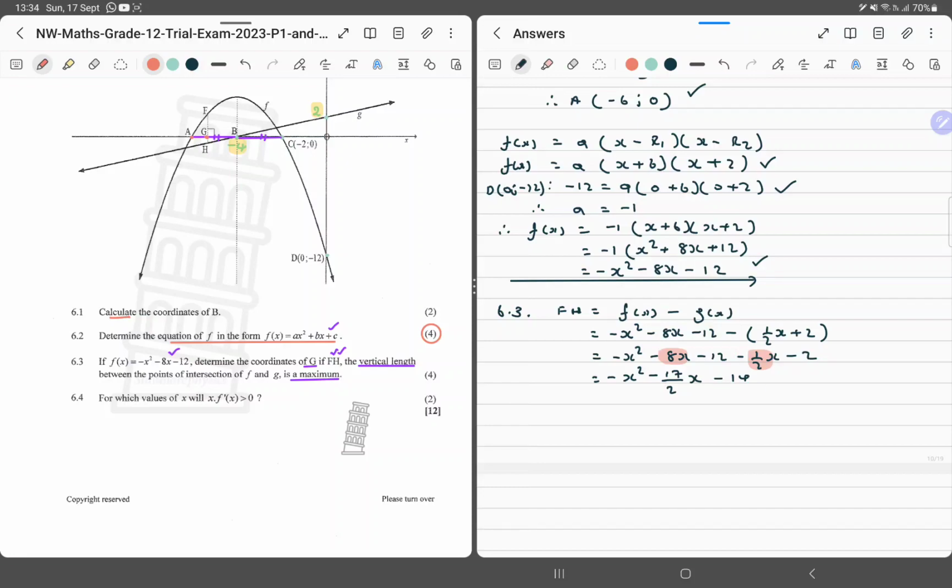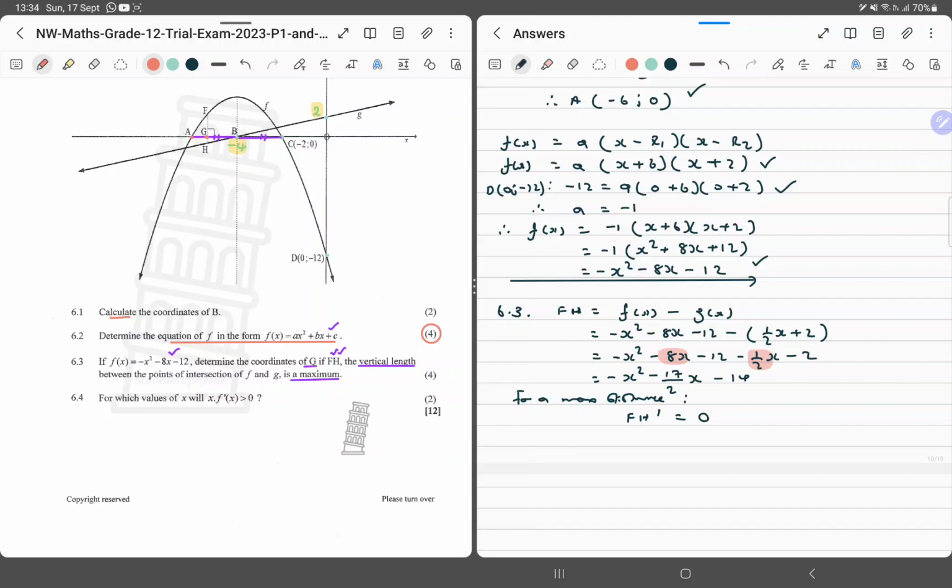Now they told us that this distance is a maximum, so we can say now for a maximum distance, it is such that FH prime is equal to 0, right?